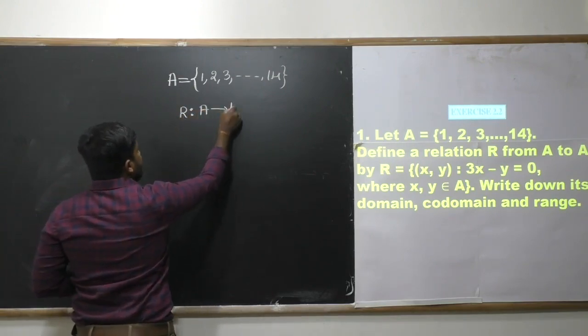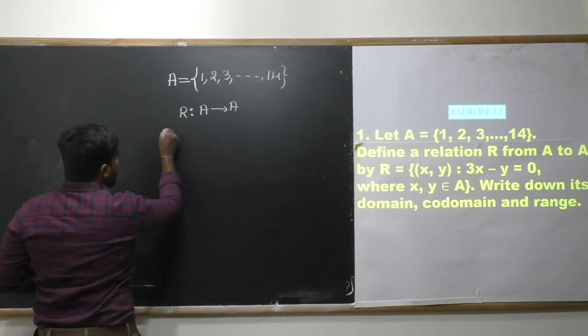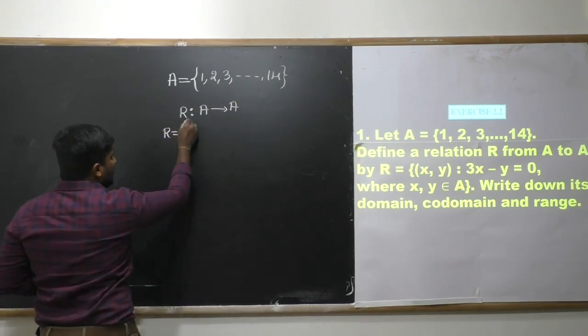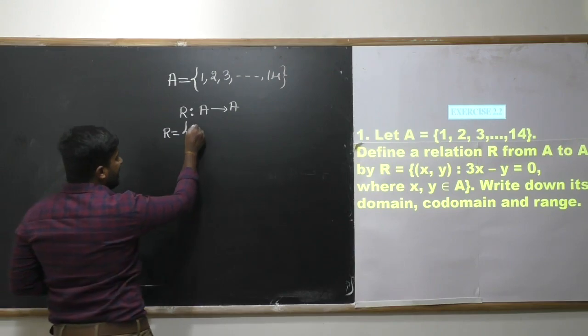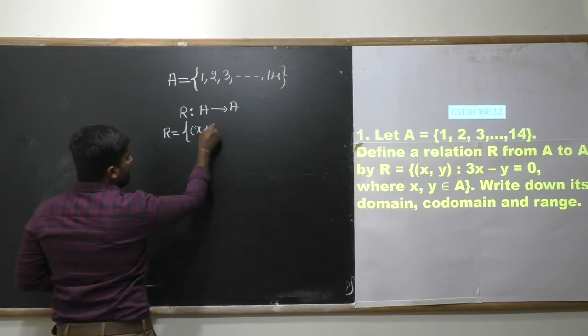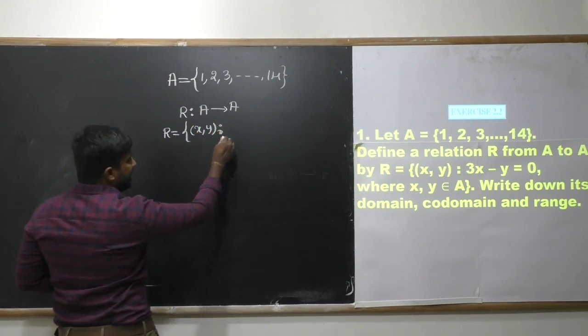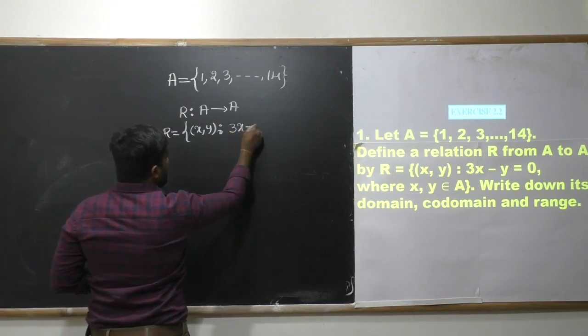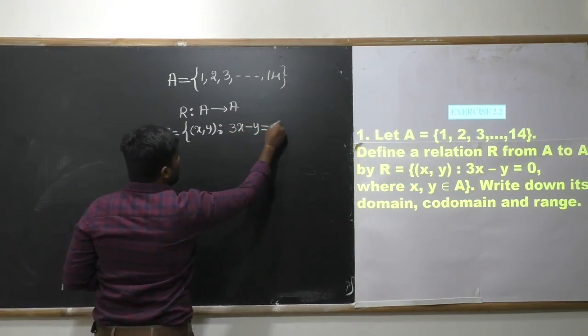A to A. Given by R is equal to the set containing ordered pairs (x, y) such that 3x minus y is equal to 0.